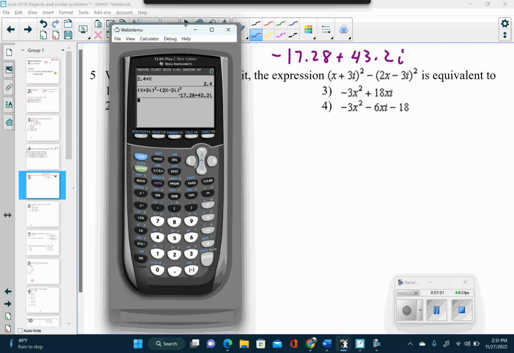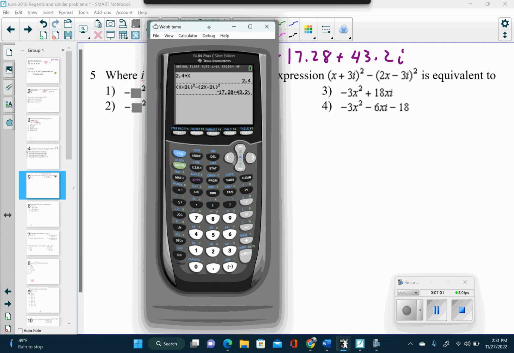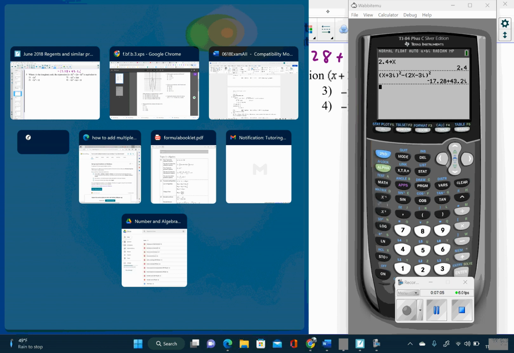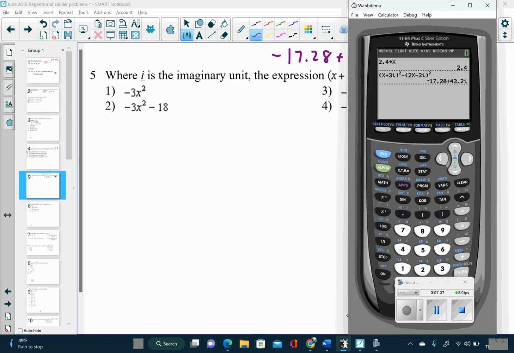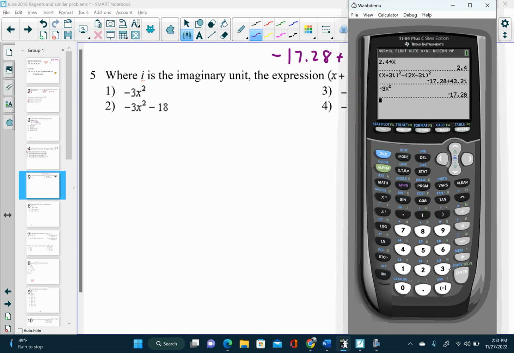So my first one is negative 3x squared. I'm going to plug in negative 3x squared, hit enter. That does not give me the same thing. Negative 3x squared minus 18. Does that give me the same thing as this? Nope, it does not.